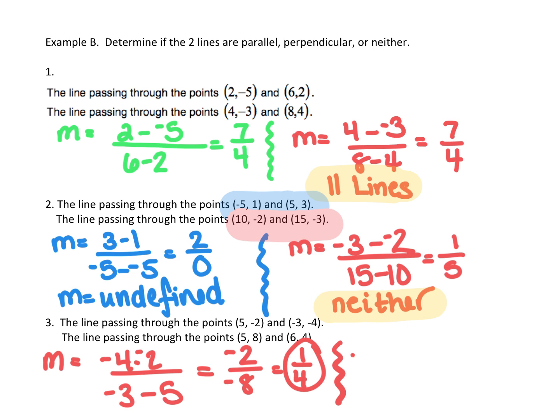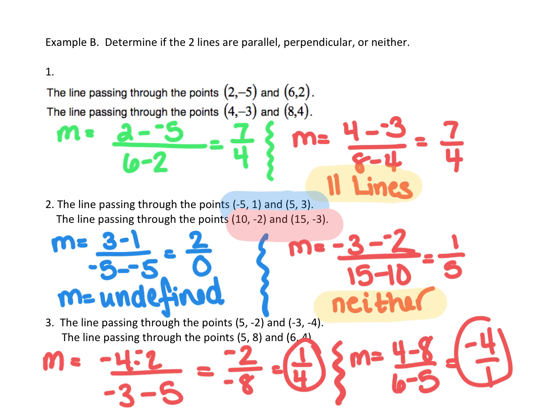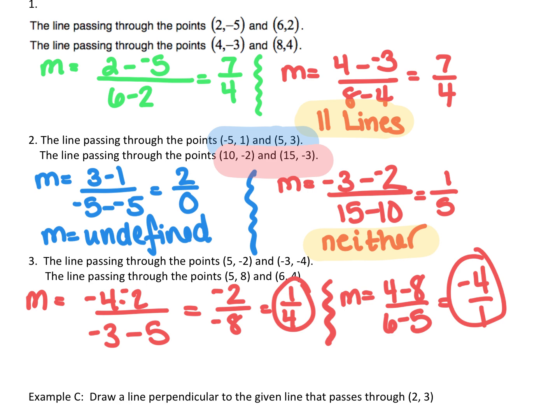For the second line, I would have 4 minus 8 over 6 minus 5. That gives me -4 over 1. So when I compare these two values, I see that they are opposite and they are reciprocal. So my conclusion is that I have perpendicular lines. And again, I'm using the symbolism because it's faster than writing out perpendicular.